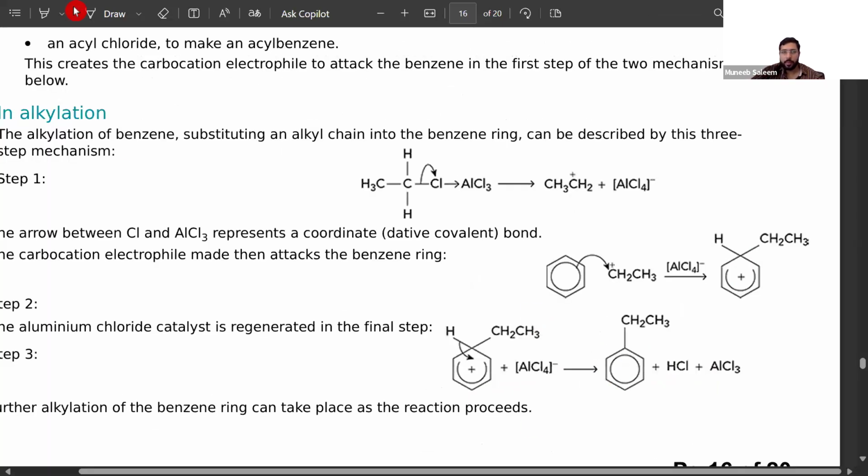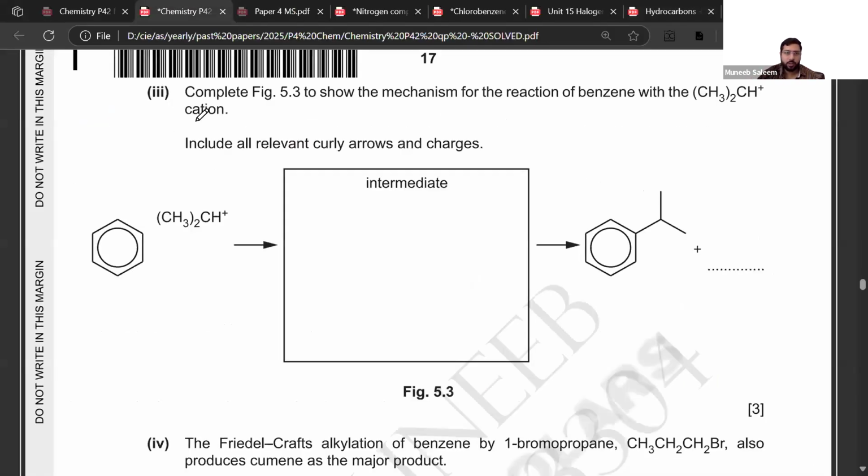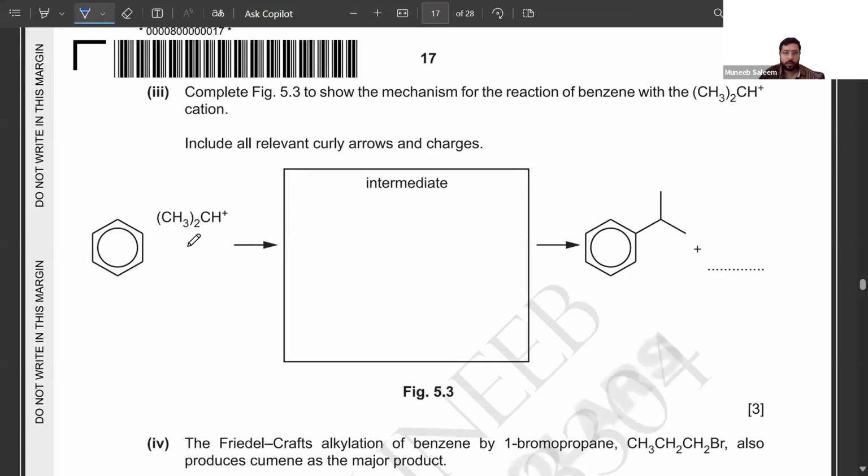Now in our case, the reaction is with the CH3 double methyl group with the CH positive. So I will need to show the arrow here that this double bond is going to be broken from this point. If it's broken off from this point, it reacts with this part, which is already a positive charge. So the intermediate will look like this.